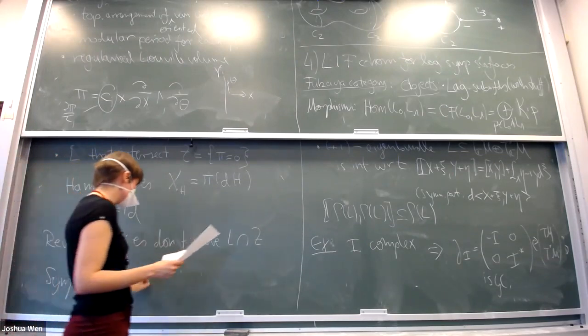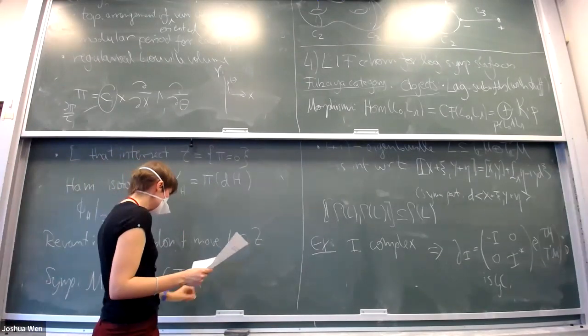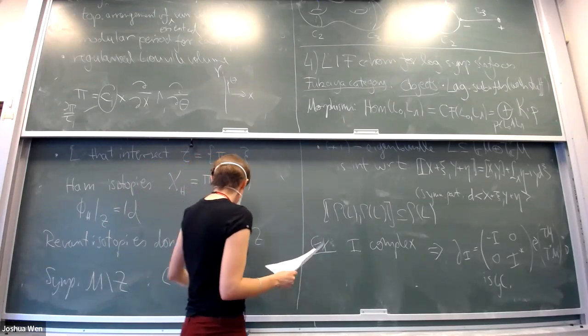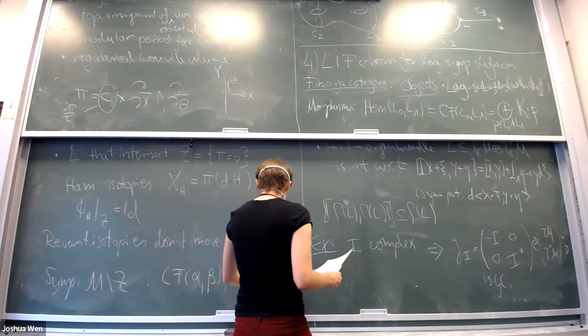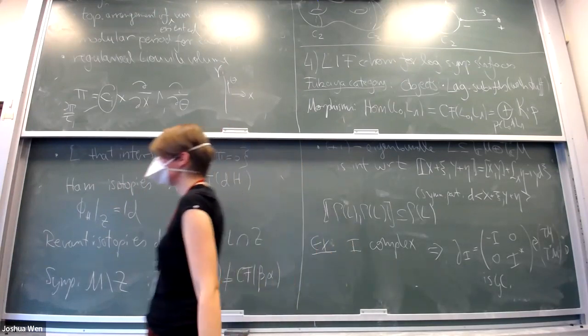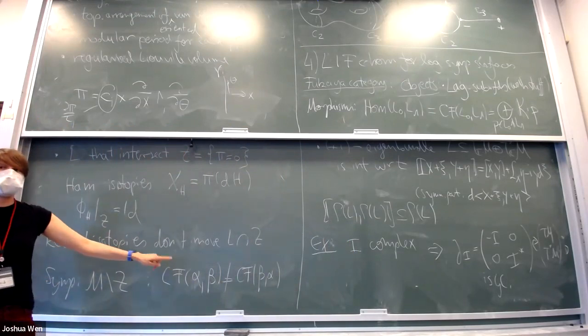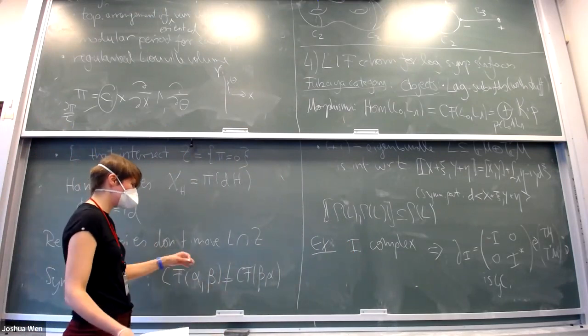Namely, the Floer complex between two Lagrangians, now suddenly called alpha and beta, is asymmetric. This happens because in order to make this well defined, we can no longer use all Hamiltonian isotopies, but only specific ones.